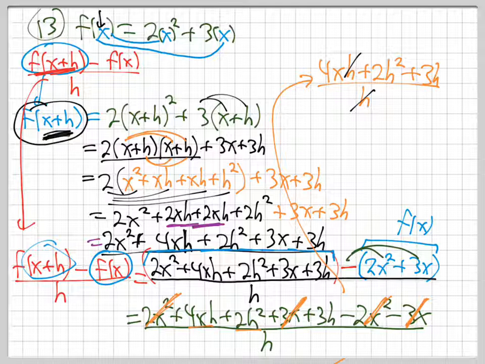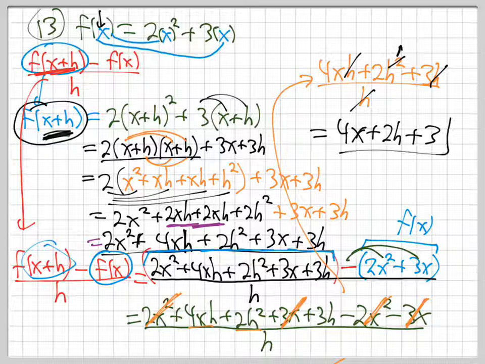It's going to cancel this h, one of those two h's, and that h. So what are we left with? 4x plus 2h plus 3. There it is. The difference quotient. So there's a mess of stuff.